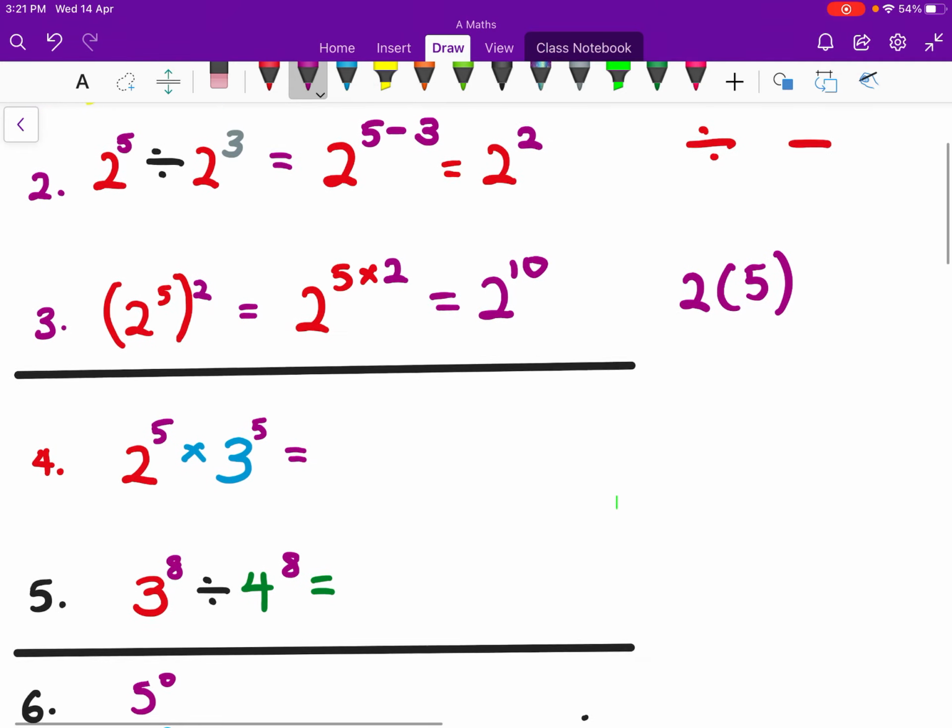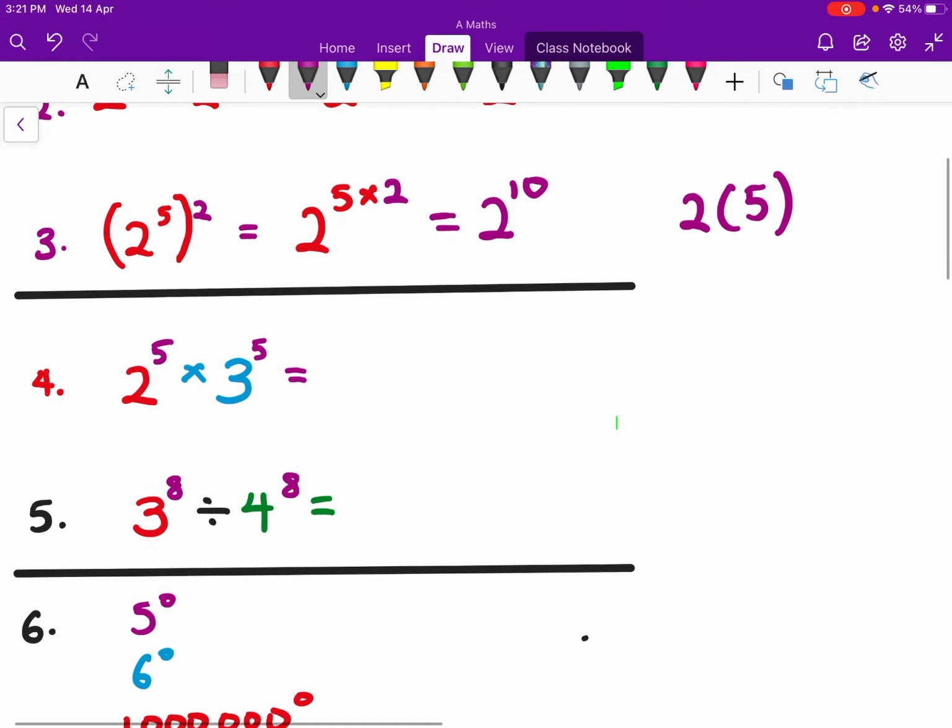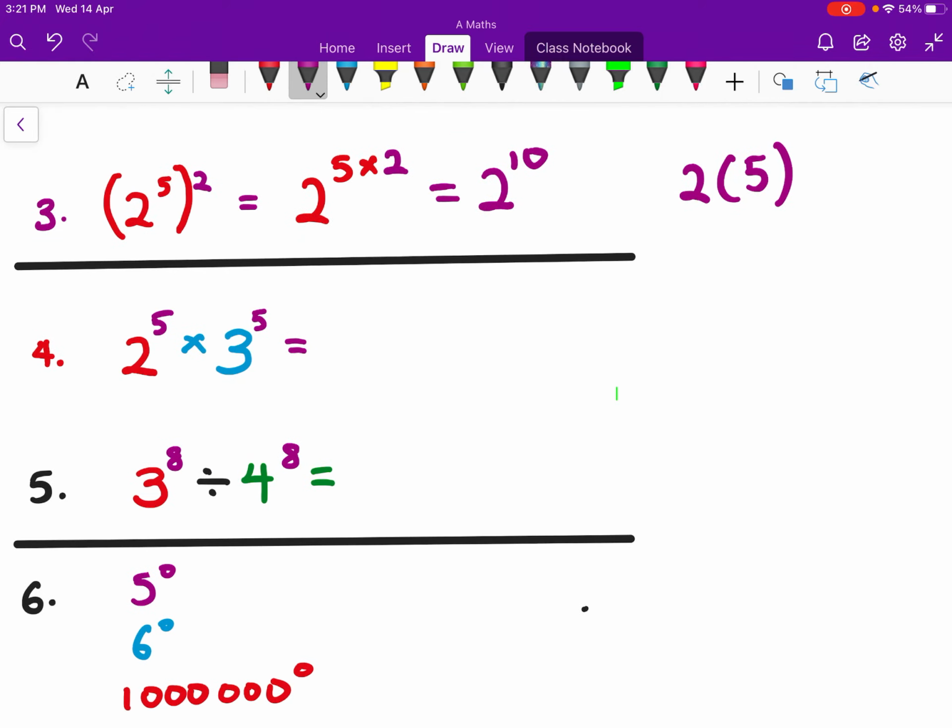Let's go to law number 4 and law number 5. If you notice, the base now is different, but the index is the same. How should I put these together?